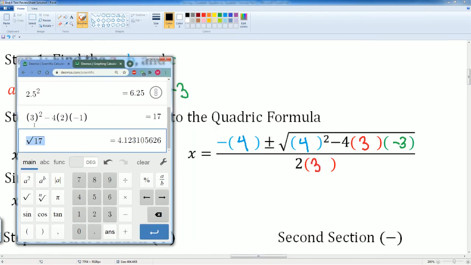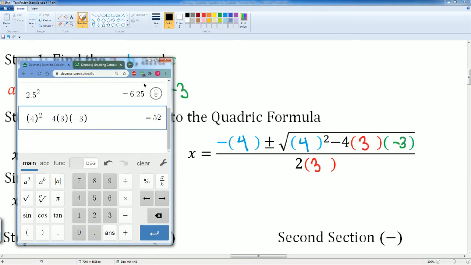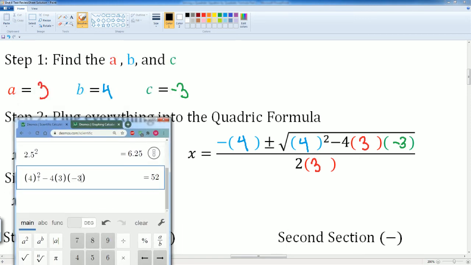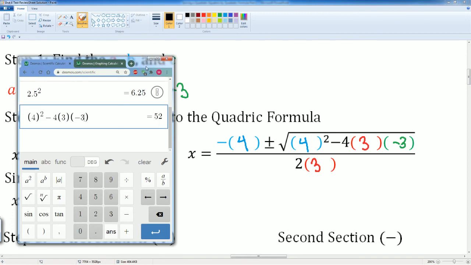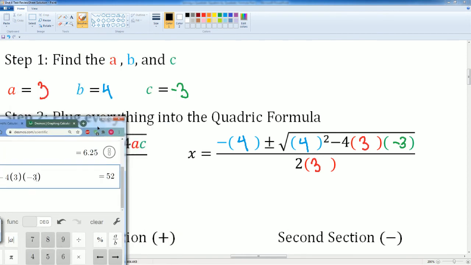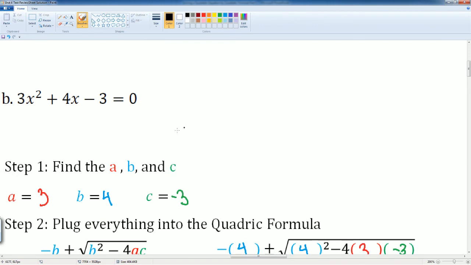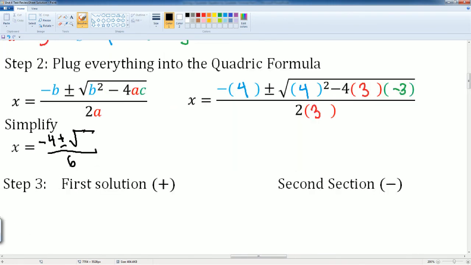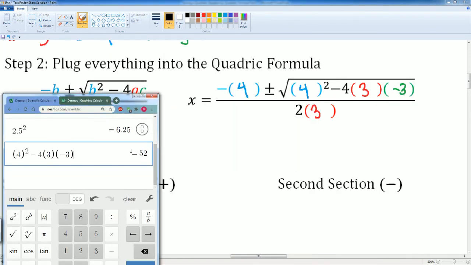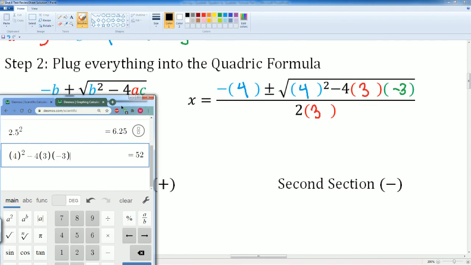Inside it was 4 squared minus 4 times 3 times -3. Let me just double check so I don't make the same error. Okay. Yep. So that looks good. I don't want to make a mistake again. All right. So inside that radical, it was 52.